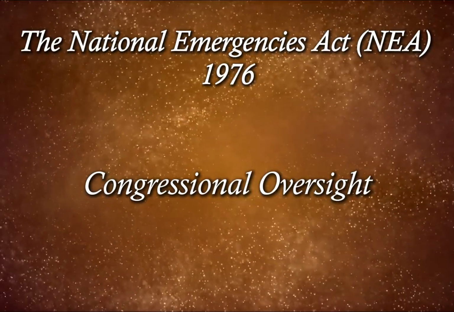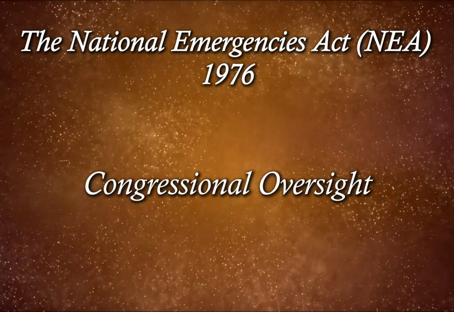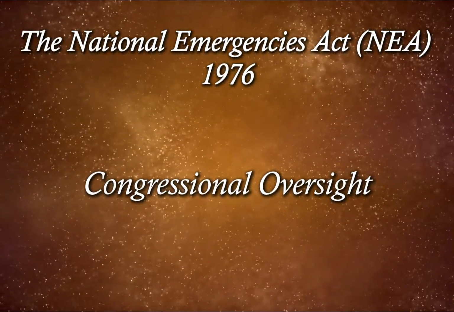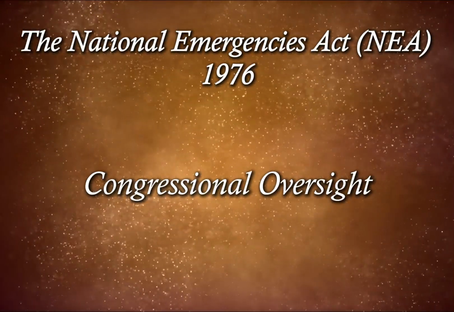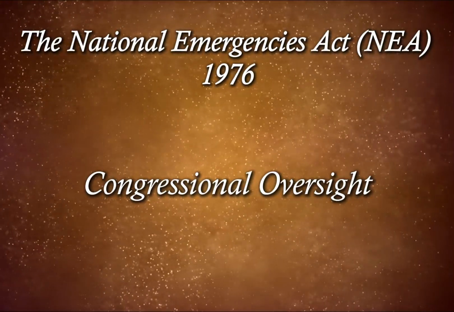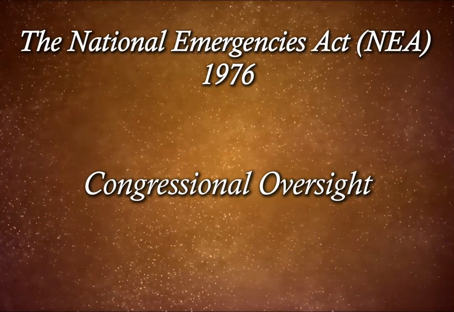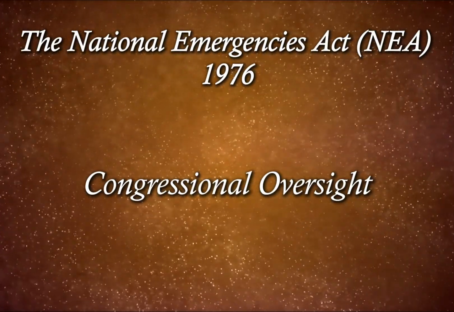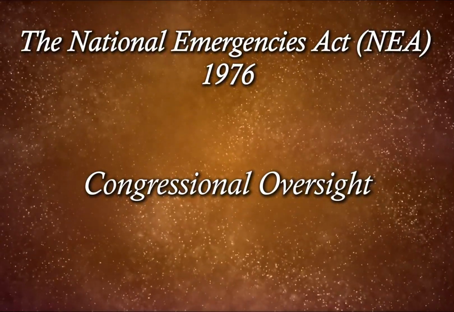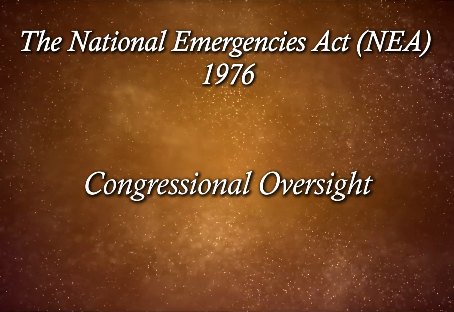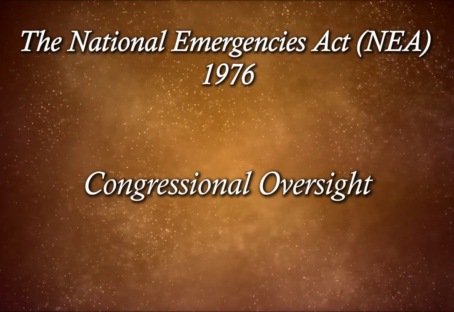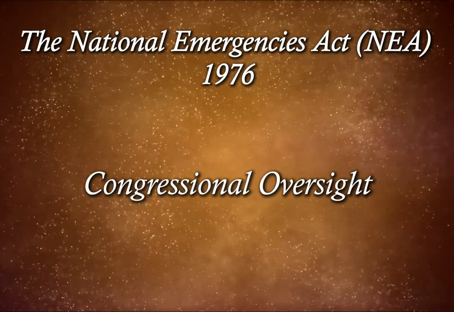Originally, the act allowed Congress to terminate an emergency by a concurrent resolution, but this was weakened by the 1983 INS versus Chadha Supreme Court decision, which ruled such legislative vetoes unconstitutional. Currently, Congress can end a national emergency by passing a joint resolution, subject to presidential veto.